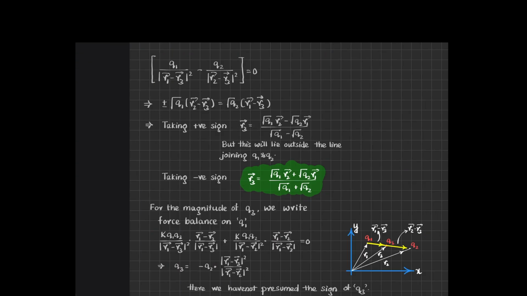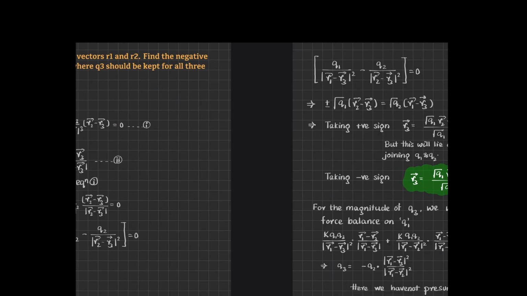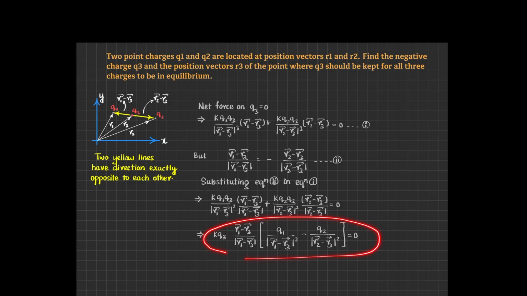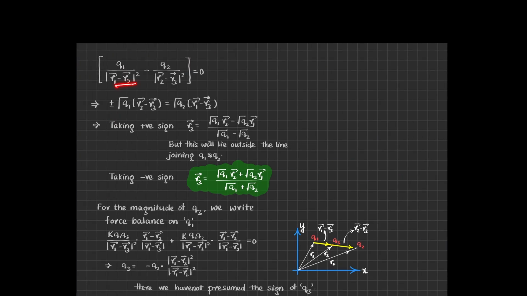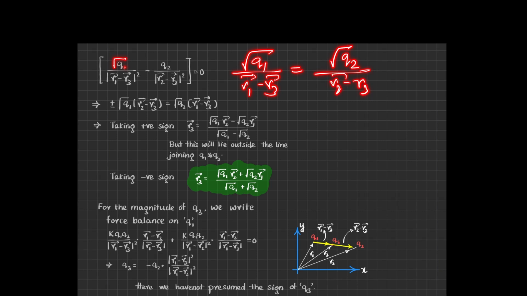Now further moving on, see, the bracketed part must be 0 because we are given that this term must be 0. So that means these two terms should be equal to each other. That's what we are trying to say here. I am equating them and taking the root. So this side becomes root q1 by |r1 vector minus r3 vector| equals root q2 by |r2 vector minus r3 vector|, but there should be a plus or minus sign here.